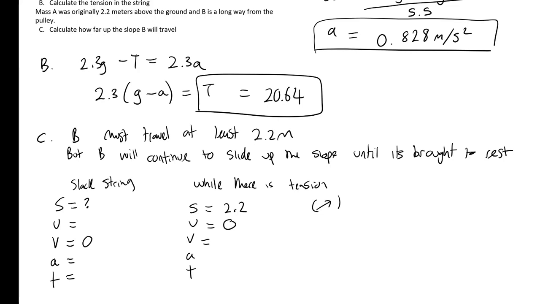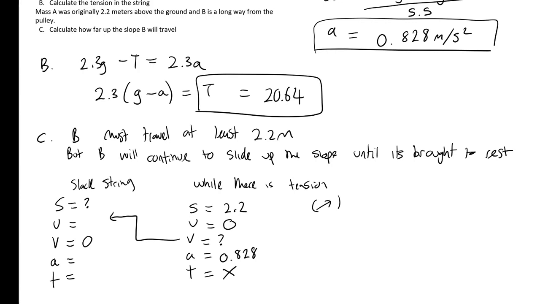Its final speed we don't know, but we do want to know, because whatever speed it finishes this stage with is the speed that it starts the next stage with. So that would give us u when the string is slack. The acceleration we do know, that was worked out in part A. So that's 0.828. And then the time that this runs for, we neither know nor care about.